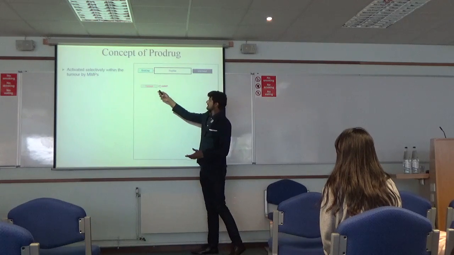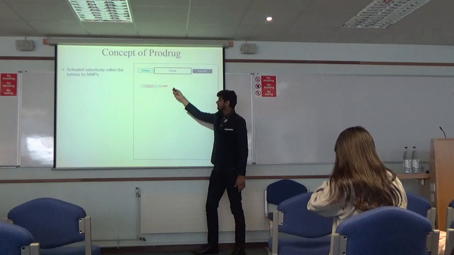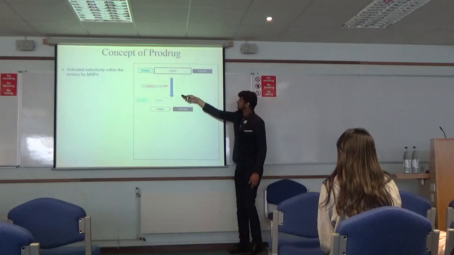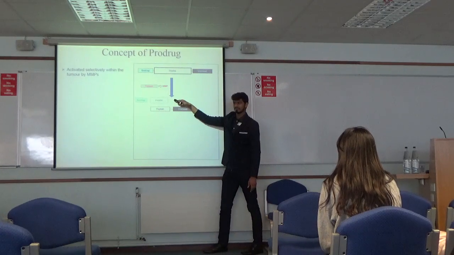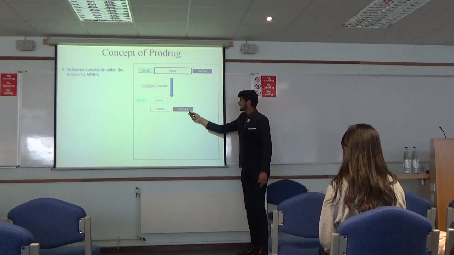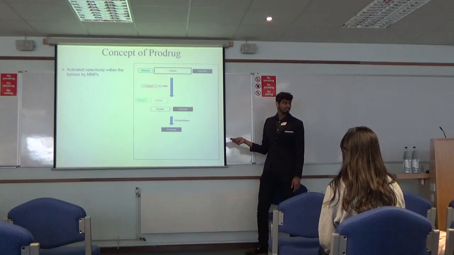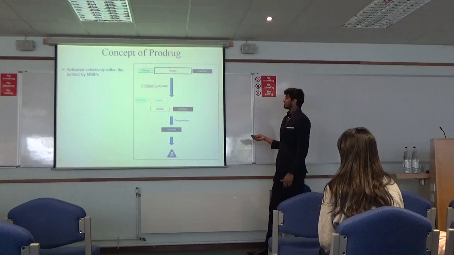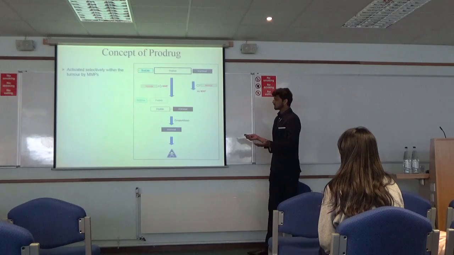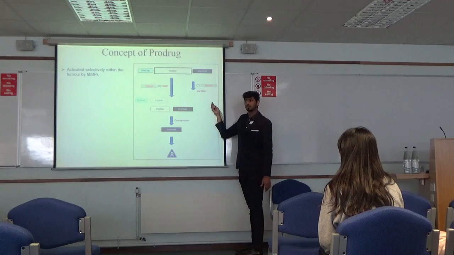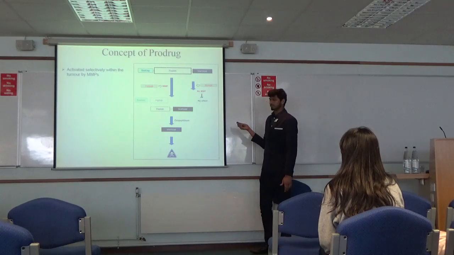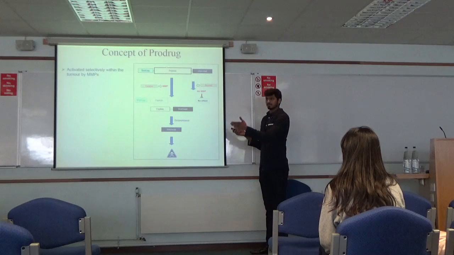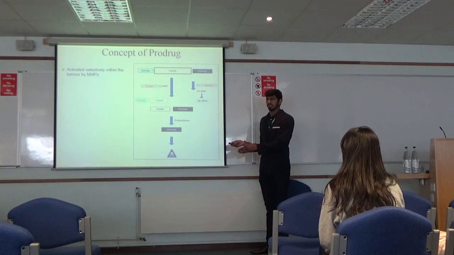In the tumor, MMPs are released, and that causes the protein to be cleaved by MMPs, and then it selectively releases the warhead within the tumor, causing a therapeutic effect. Whereas in normal cells, since there is no MMP, there will be no effect. So this is a concept where it will selectively target the tumor.